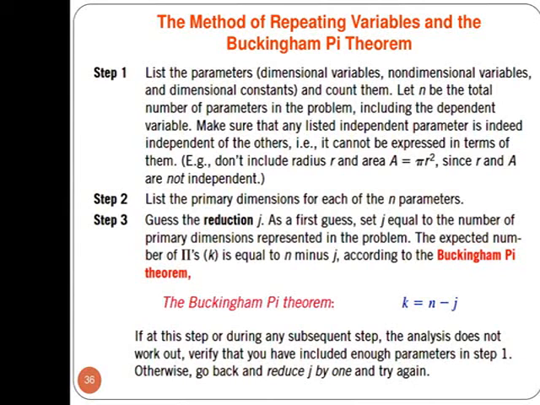The Buckingham pi theorem: k equals n minus j. If at this step or during any subsequent step the analysis does not work out, verify that you have included enough parameters in step 1. Otherwise, go back and reduce j by 1 and try again.